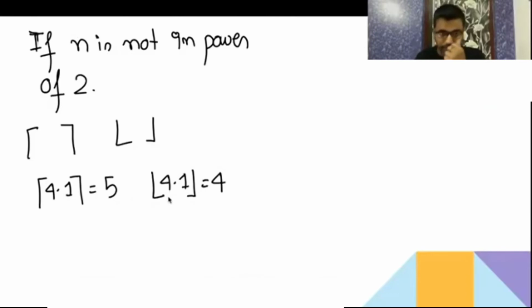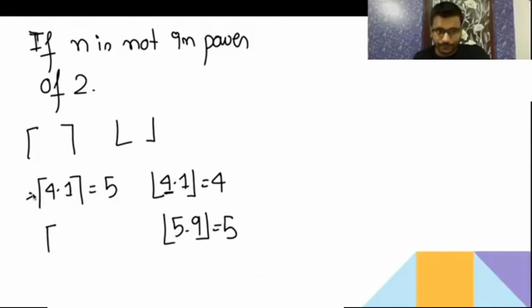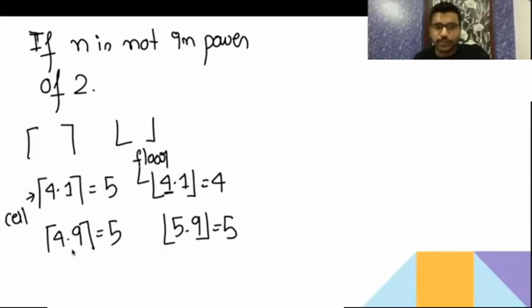Whatever, like 5.9, floor of that is going to be 5. And if you take ceil of 4.9, it is going to be 5. Ceil takes the next number, floor takes the previous number.